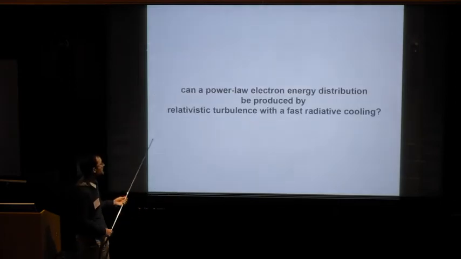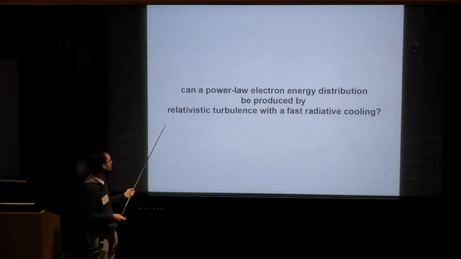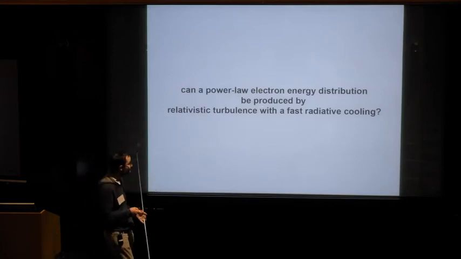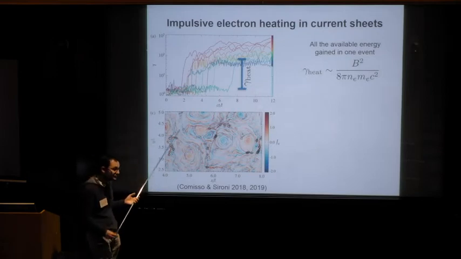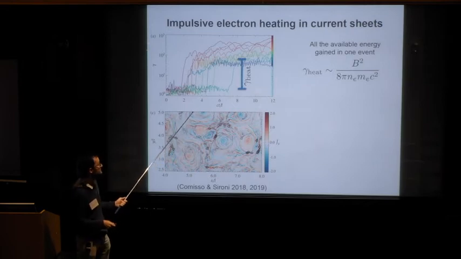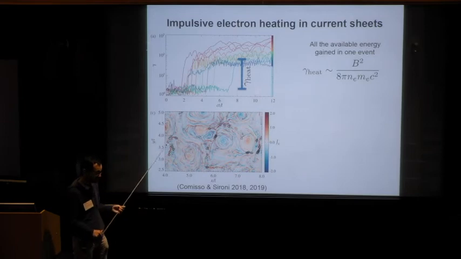So the question is, can this power law electron energy distribution be produced by relativistic turbulence with fast radiative cooling? I think the answer to this question is yes. The main reason is the way electrons are heated by turbulence.